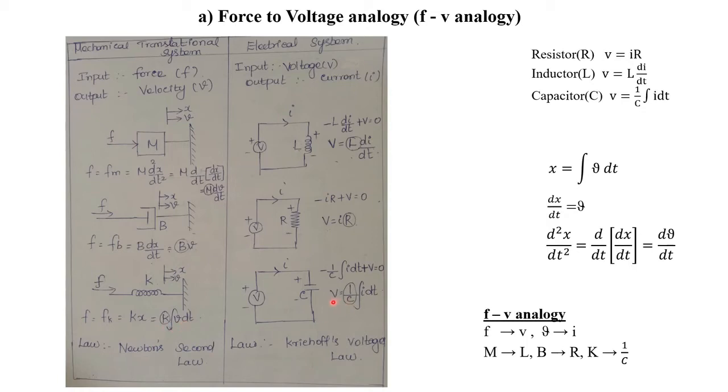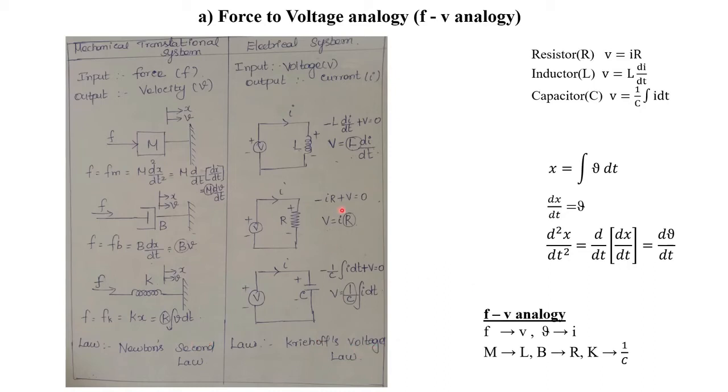Here the input voltage V will be equal to 1 by C into integral of the output current I. So from this we can equate k to 1 by C. That is, the element k will be equated to the element capacitor in the electrical system, but quantity wise the elasticity coefficient k will be equal to the reciprocal of the capacitance value. In the mechanical translational system we used Newton's second law. Here we use Kirchhoff's voltage law.